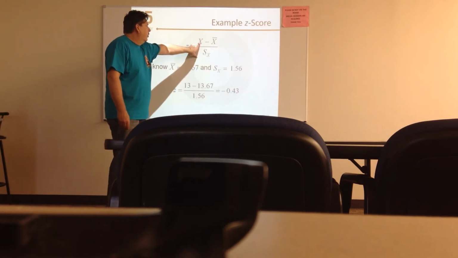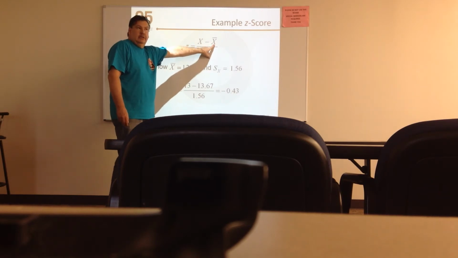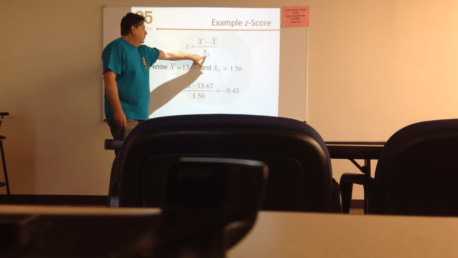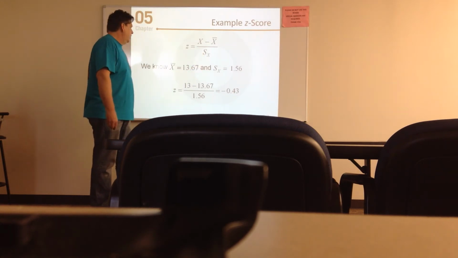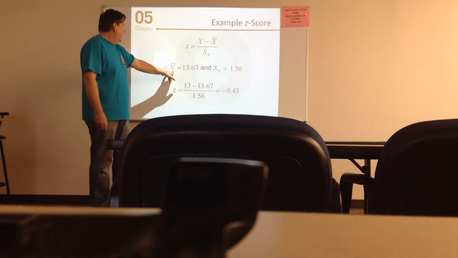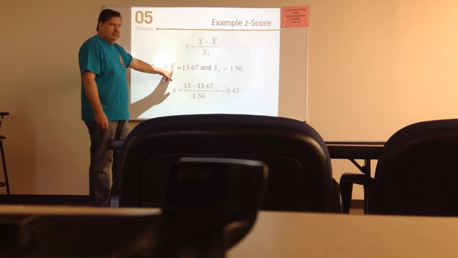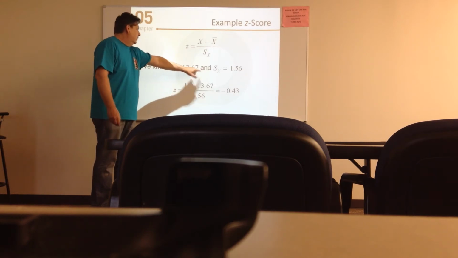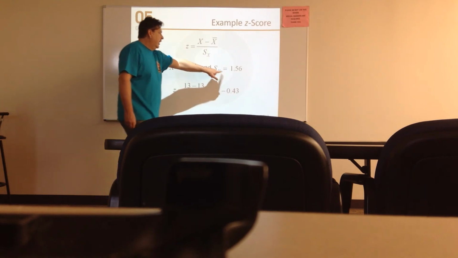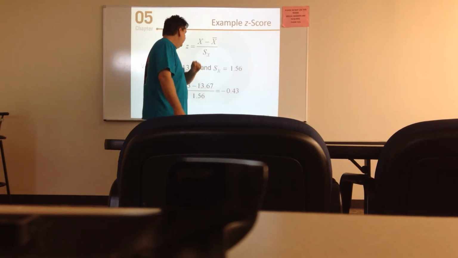I would take my score minus my sample mean, and I would divide it by my standard error of measure, and like I say, that's going to be the standard deviation. So we know that X bar, or my sample mean, is 13.67, and my standard deviation is 1.56.